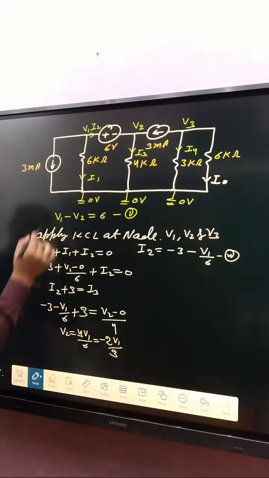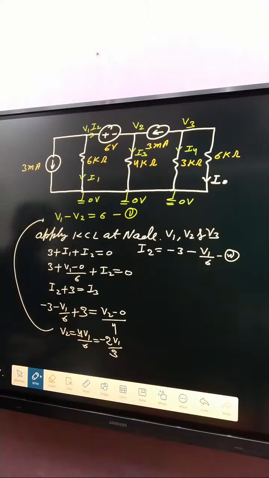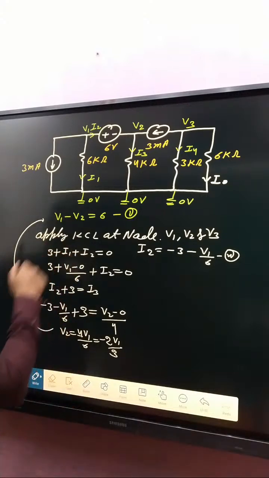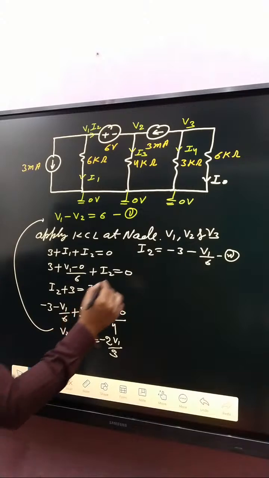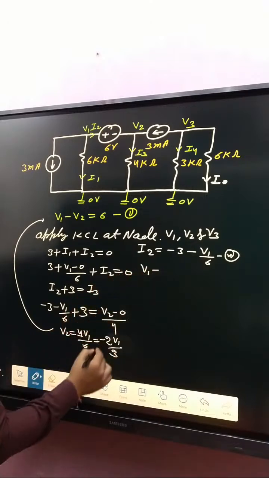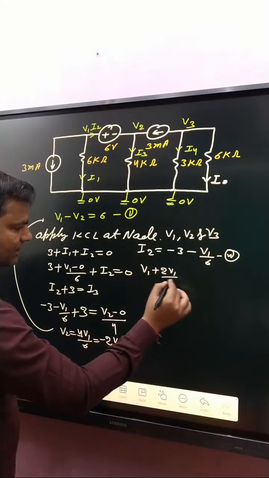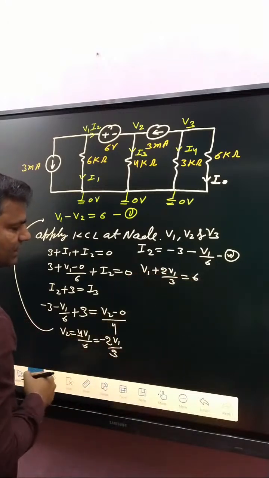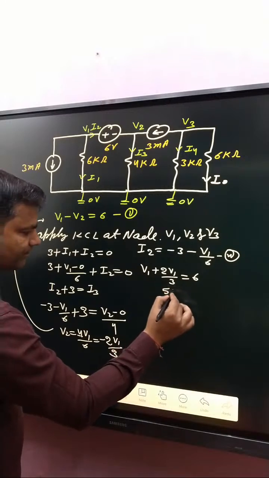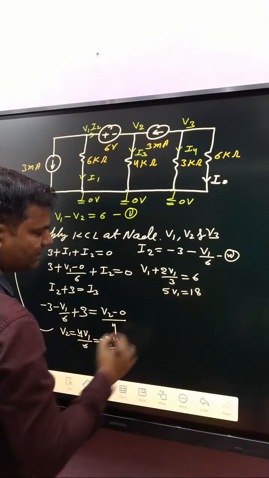If this value put in equation number 1, then we got the relation between V1 and V2. If that value put here, then V1 plus 2V1 divided by 3, this is equal to 6. So 5V1 is equal to 18.